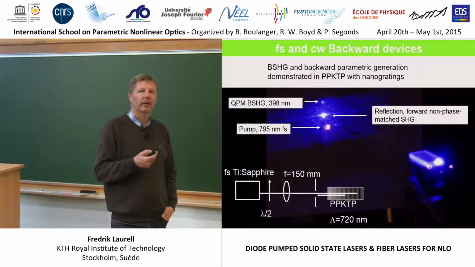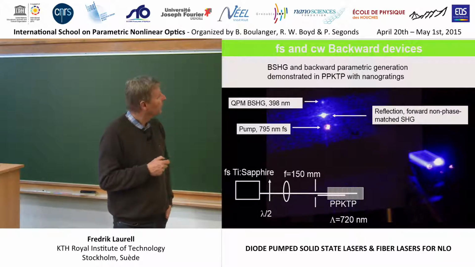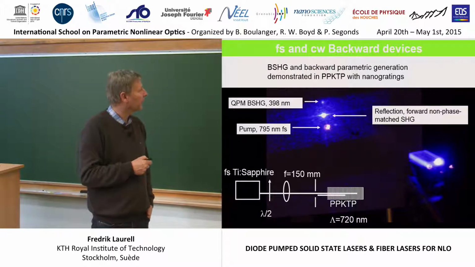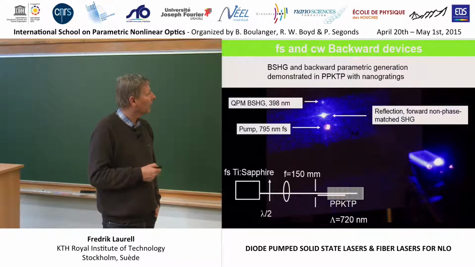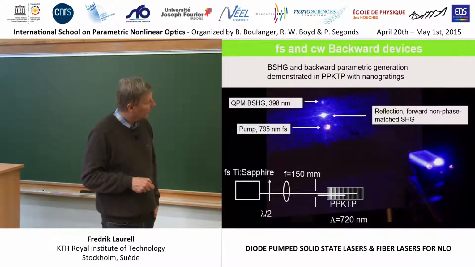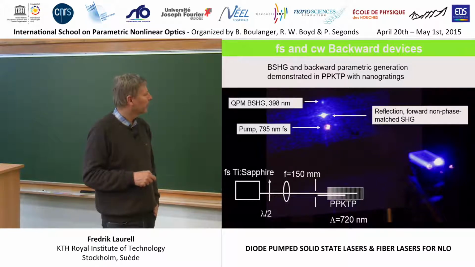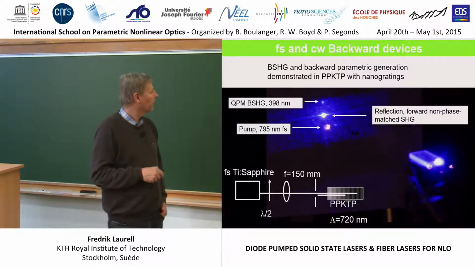So we can start to generate light in the backward direction. And this is also what we demonstrated, backward second harmonic generation. And also later I talk about parametric generation. This is an example of how this looks. So this is the weak backward generated, and this is some residual forward generated that is not intended to be generated, which is still stronger than that one.